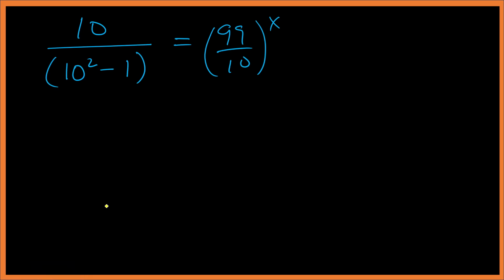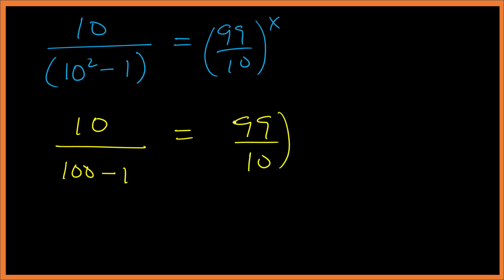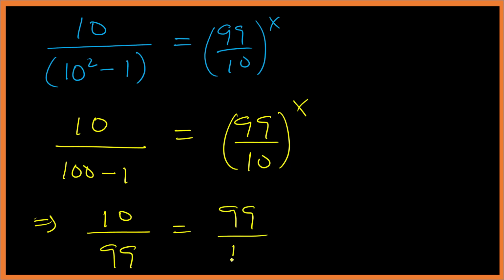So from here we have 10 on 10 squared, which is 100, minus 1 equals 99 on 10 raised to x. Now 100 minus 1 is 99, so 10 over 99 equals 99 over 10.